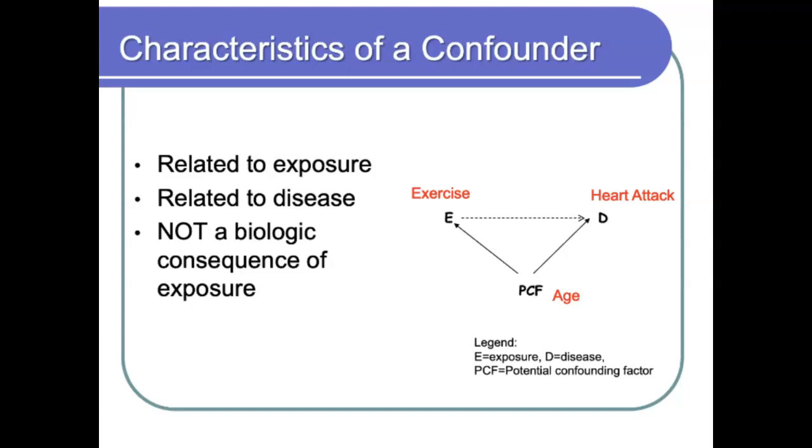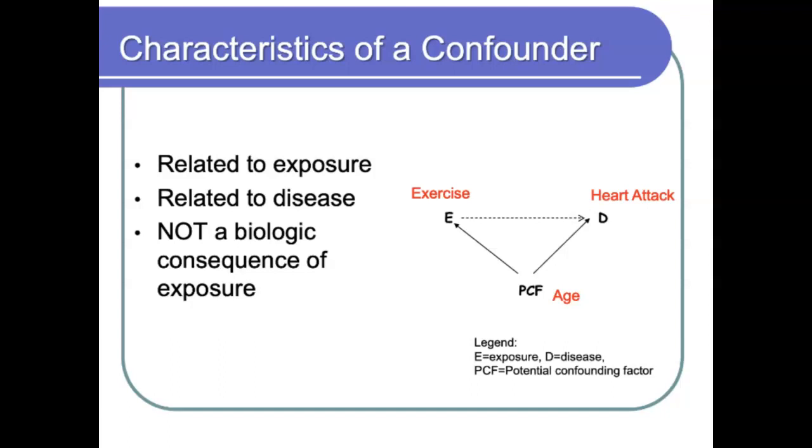But the issue is the age distribution of people who exercise. There might be an association between age and exercise, meaning that potentially people who are younger might exercise more than people who are older. There's going to be a relationship between age and exercise, and there's also going to be an age association with having a heart attack.